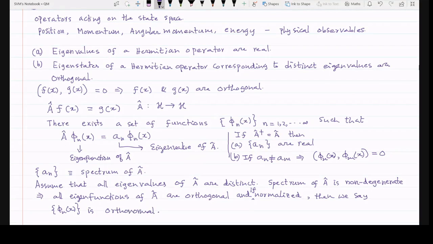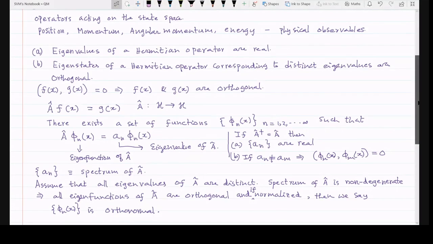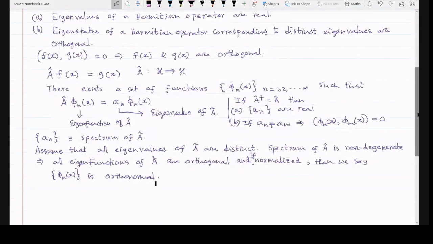From whatever understanding we have in vector space, if some set of functions are orthogonal, then they are linearly independent, and any set of linearly independent vectors whose number is the same as the dimension of the vector space becomes a basis for the vector space.